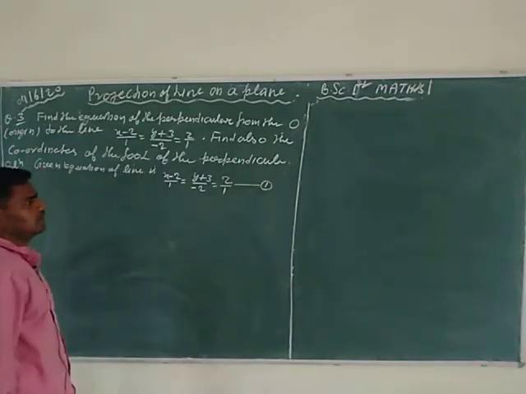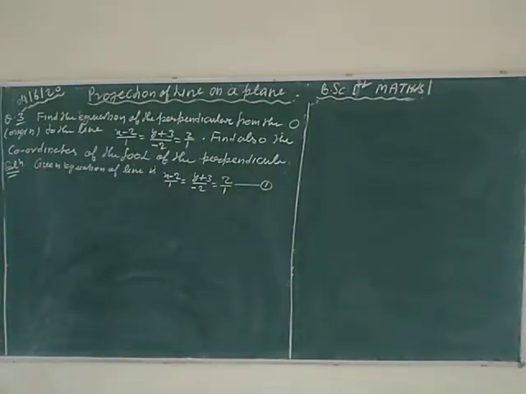So first is the given equation of the line, and the given point is the origin.